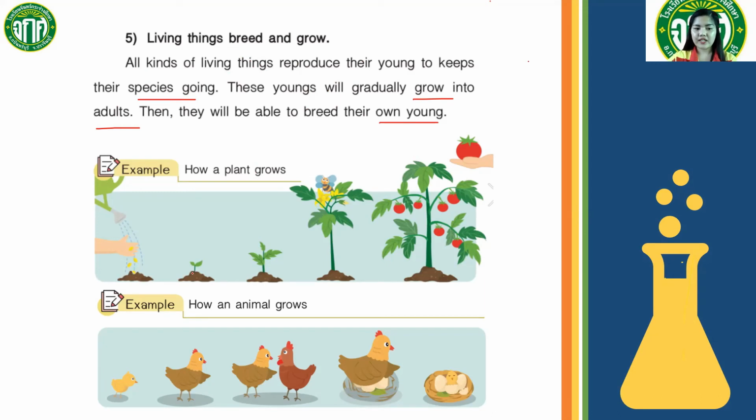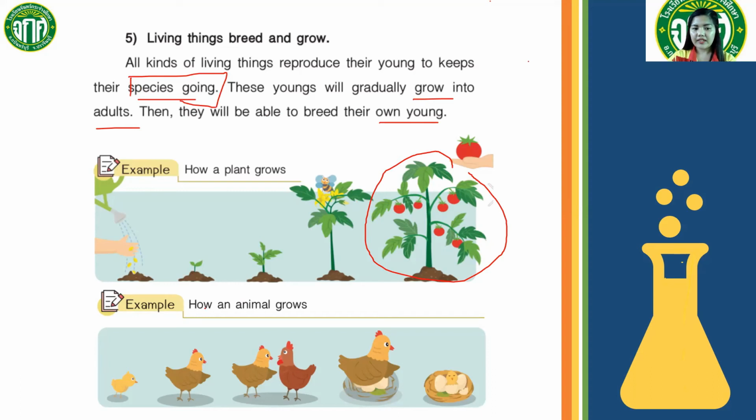From a seed it grows until it becomes an adult tomato. Now this tomato will be able to breed its own young. From this tomato, we can get a seed again. And so the species will keep going.